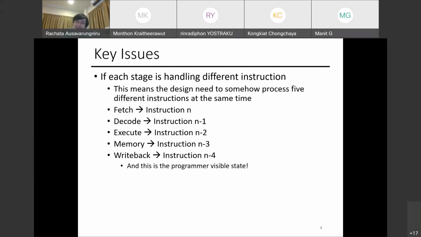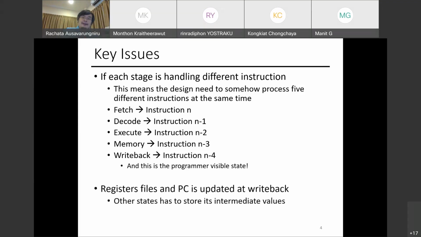While you might think your C program is super complicated, there are so many steps going on underneath so that your program can run in 1 second rather than 10 seconds, in 1 minute rather than 1 hour. These are what the CPU is designed to do without telling the programmer. We basically make things faster. And the register file and the program counter are going to be updated to the programmer at write back. Other state has to store its intermediate value.